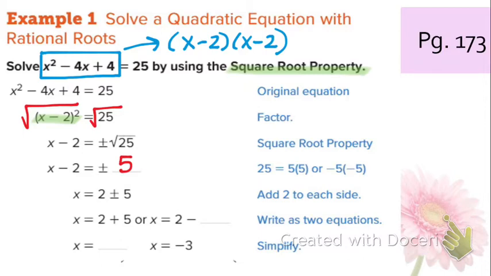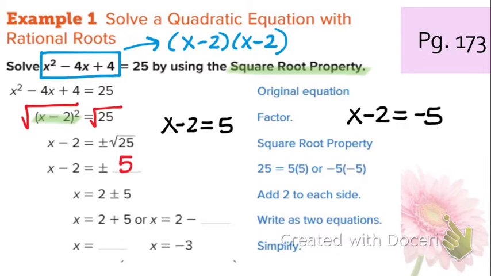Okay, so this is where it's kind of confusing. I'm going to go ahead and break this apart. They separated this into two equations. Your first equation that you're going to solve, go ahead and write off to the side, is x minus 2 equals 5. But then your second equation is x minus 2 equals negative 5.